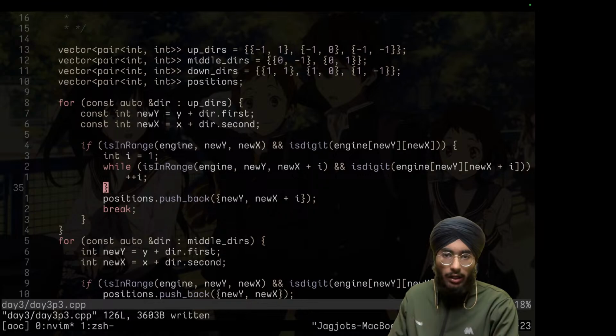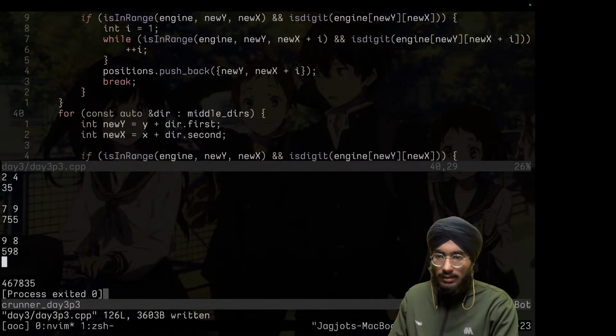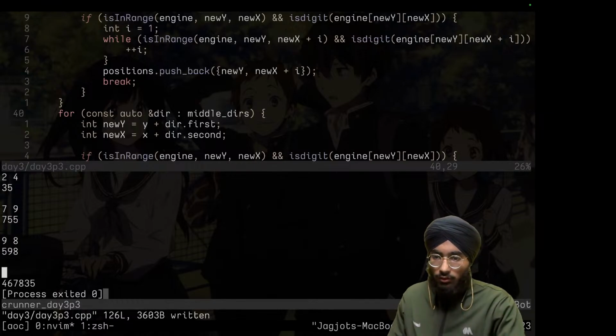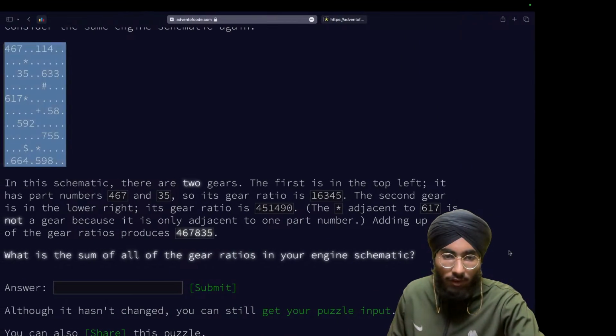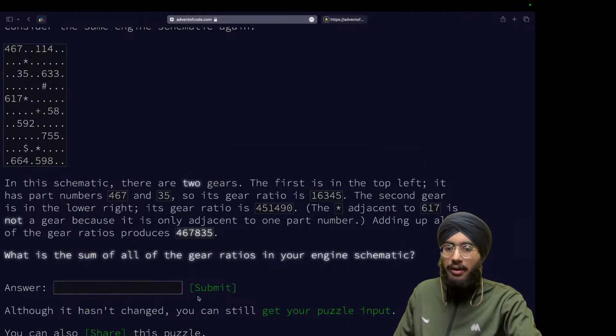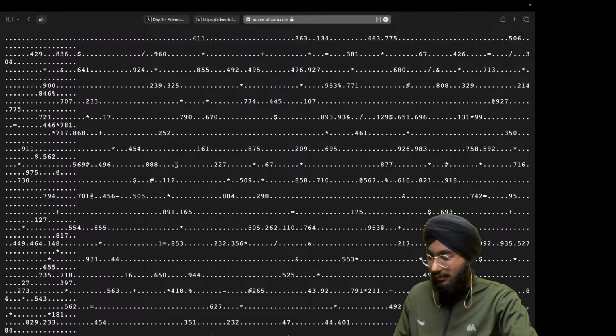Same goes for up DIRs. And 75535 all working fine. 467835. 467835. Okay. Oh my god, if this works in first try.